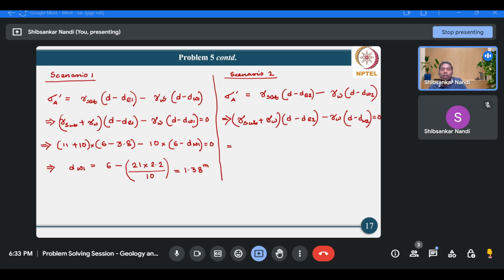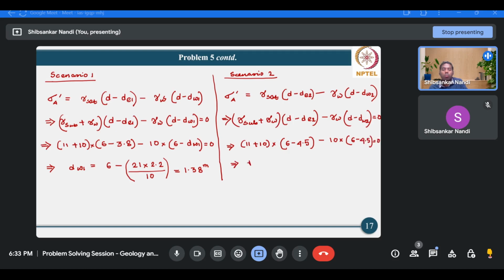Similarly, we can calculate the dw2 value. So 11 plus 10, multiplied by 6 minus 4.5, minus 10 into 6 minus 4.5 equals 0.